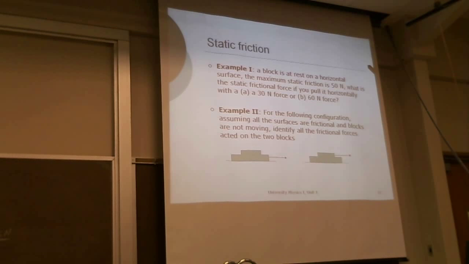Now, question B, if I pull the object with 60 Newton force, what is the static frictional force? 50. 50, okay, because the system tries to compensate the 60 Newton external force, but it cannot do that. It can only give you 50, so it will give all the 50, even though it still cannot prevent the motion.